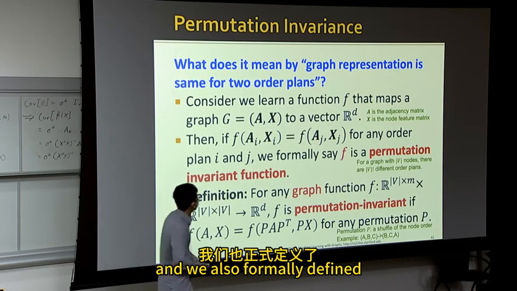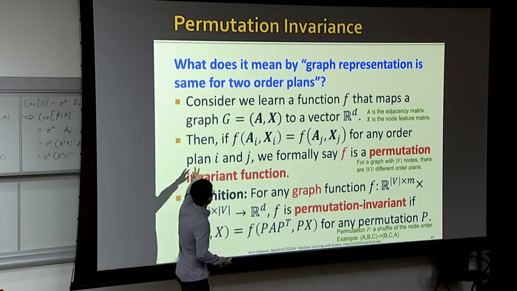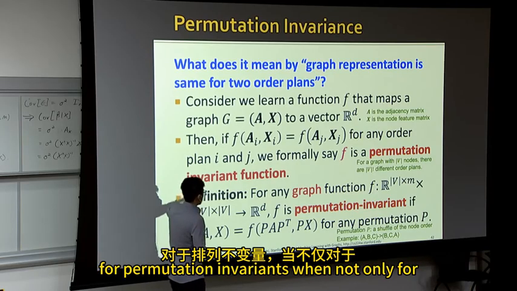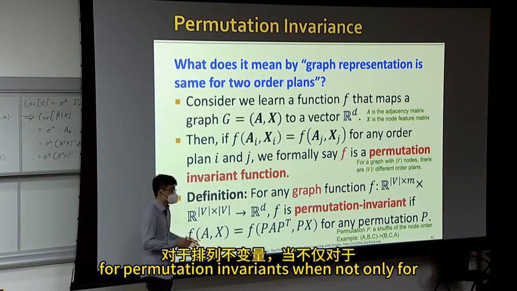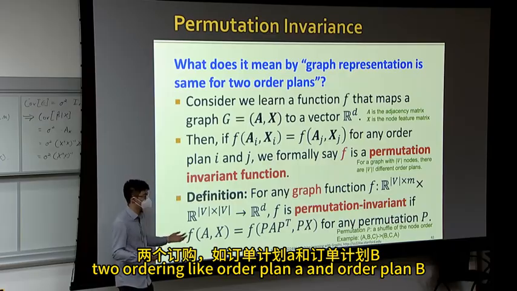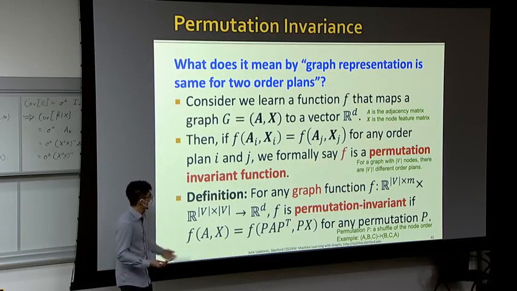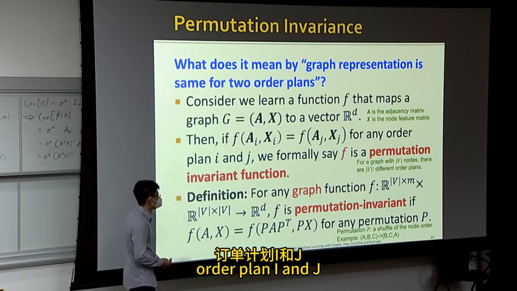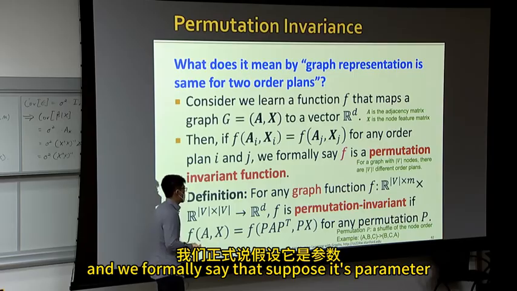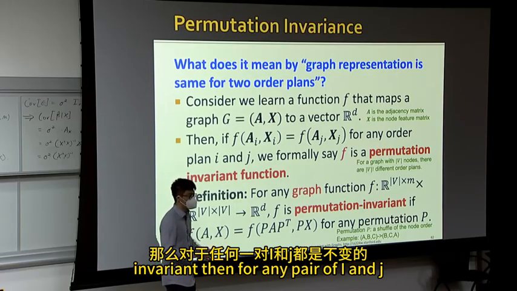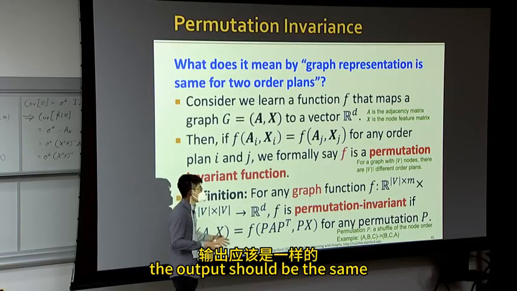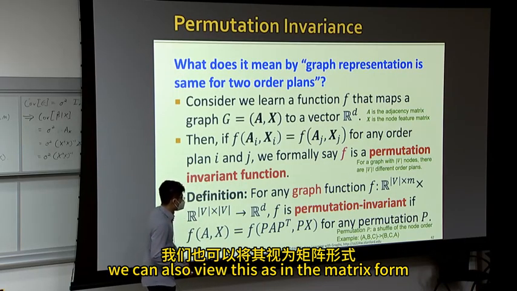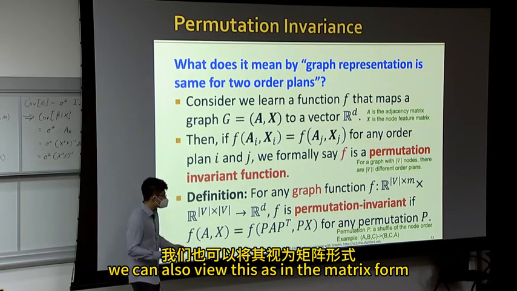We can also define it formally here. For permutation invariance, we not only consider two orderings, like order plan A and order plan B, we should consider any potential order plans I and J. We formally say that if f is permutation invariant, then for any pair of I and J, the output should be the same. We can also view this in matrix form.